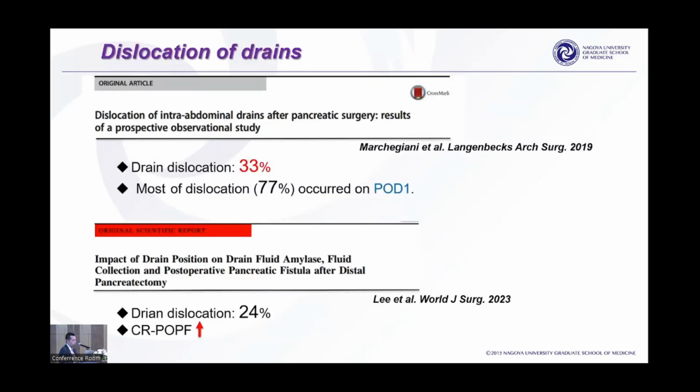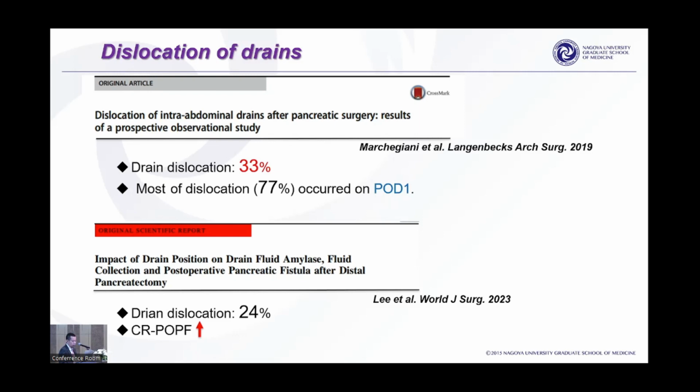There are 2 papers investigating drain dislocation after pancreatic surgery. Marchegiani et al. showed drains were dislocated in as high as 33% of patients who underwent pancreatic resection, and 77% of dislocations already occurred on POD1.